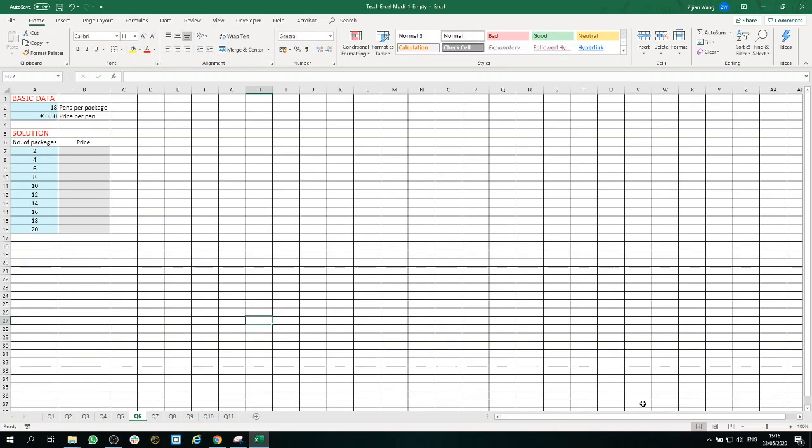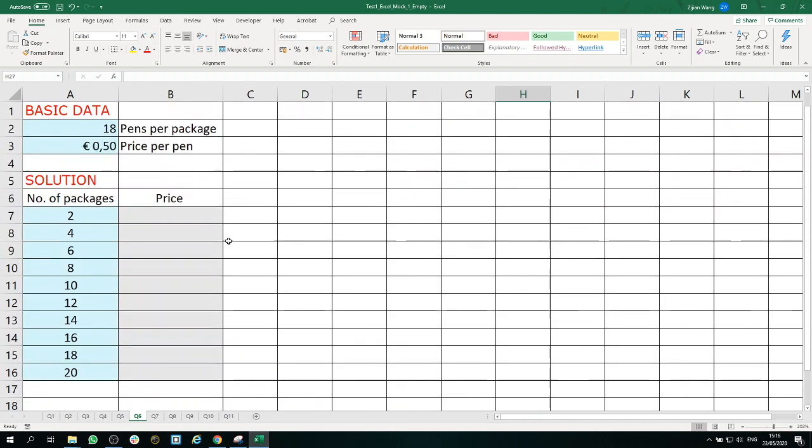Question 6. We have a small table here. It shows 18 pence per package and 50 cents per pen. So that means per package we should have 18 times 0.5.